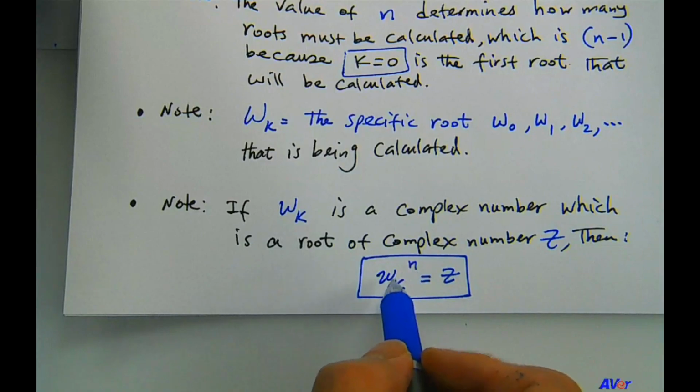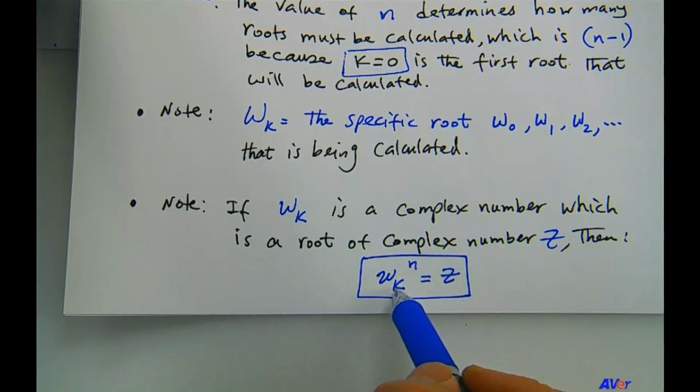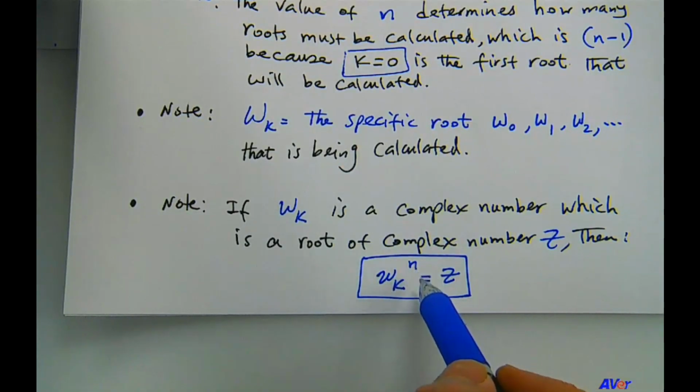And of course, raising a complex number to the nth power makes use of de Moivre's theorem. Remember, we talked about that. That's the formula we use to raise a complex number to some power.